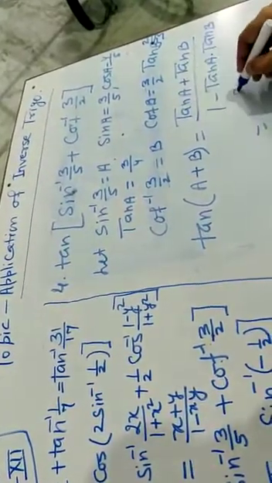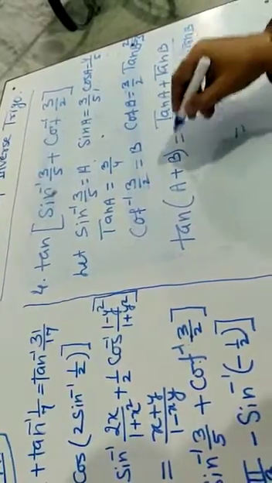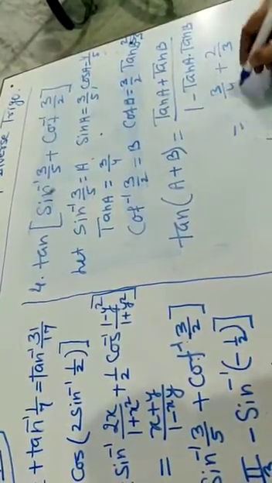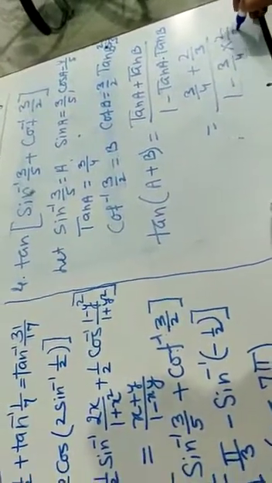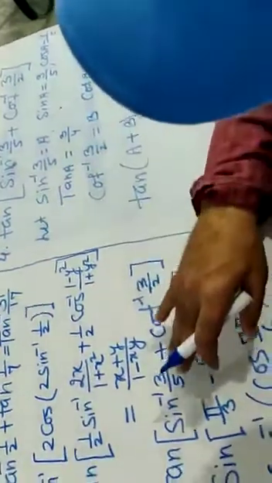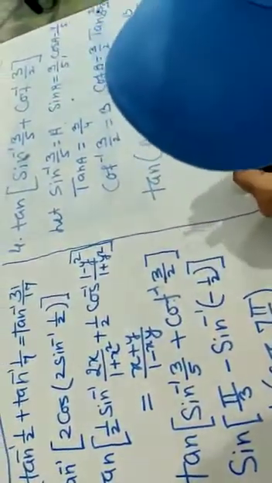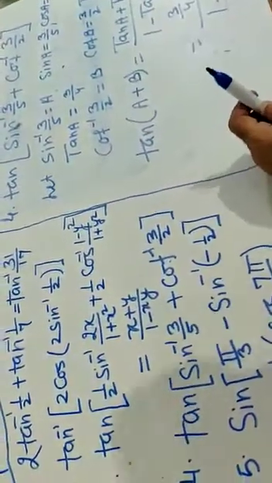Instead of tan a you write 3 by 4, tan b is 2 by 3, giving 1 minus 3 by 4 into 2 by 3. Now simplify it and find the answer of this expression.